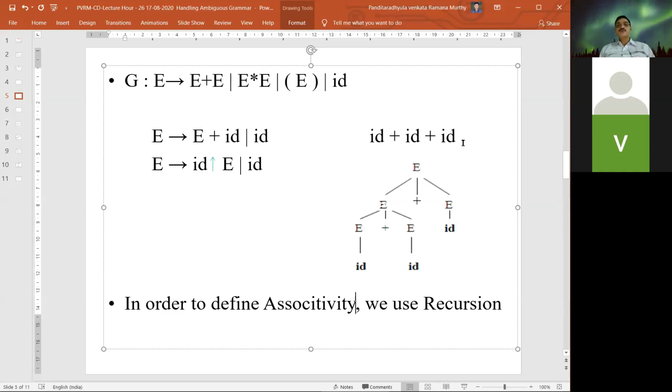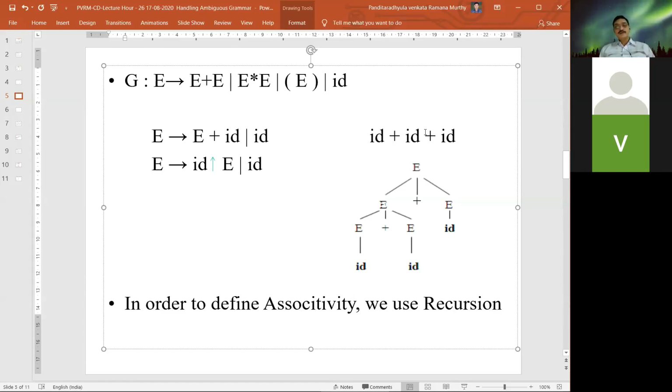You should not go to the right. Left recursion means the derivation has to expand towards the left only. If it is right associativity, it indicates we want to expand the given expression towards the right only, handling the rightmost symbol first.